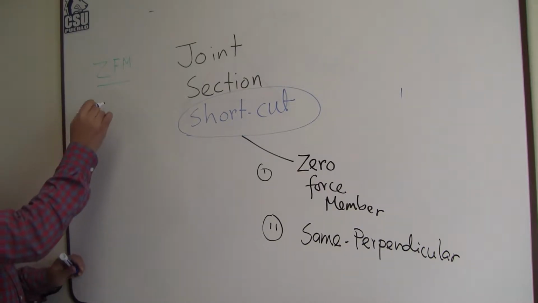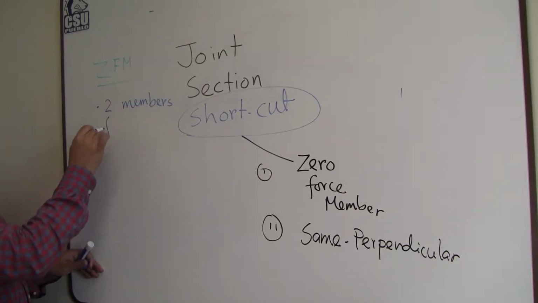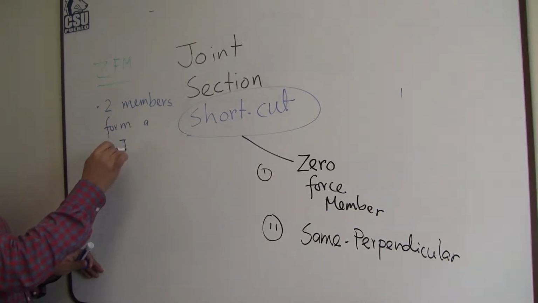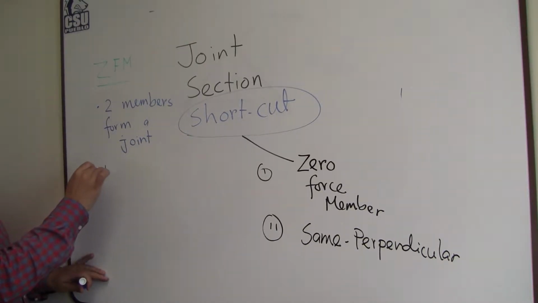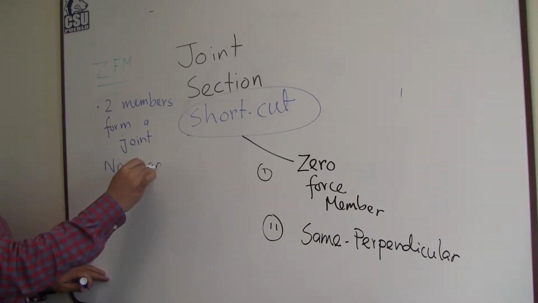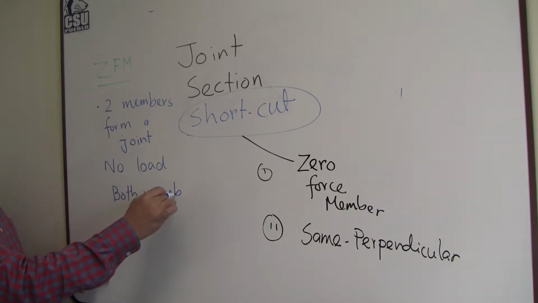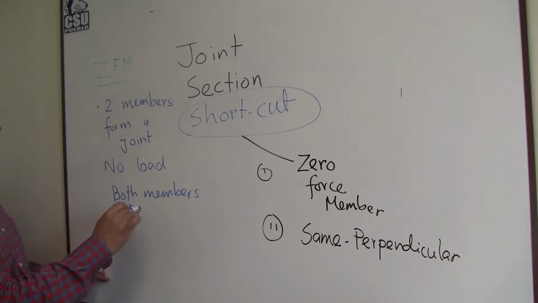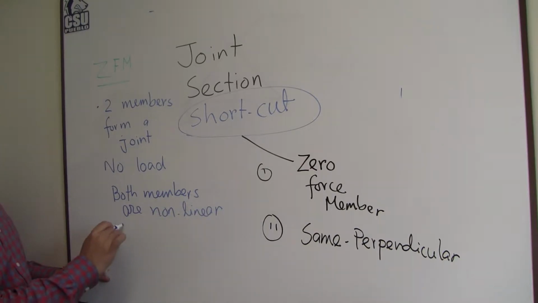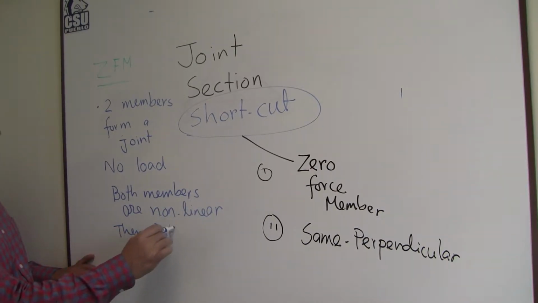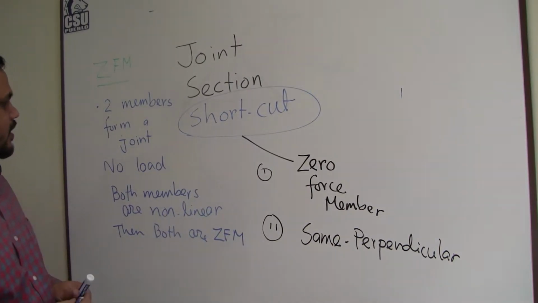So rule number 1: 2 members form a joint, then no load, both members are non-linear, then both are zero force member.